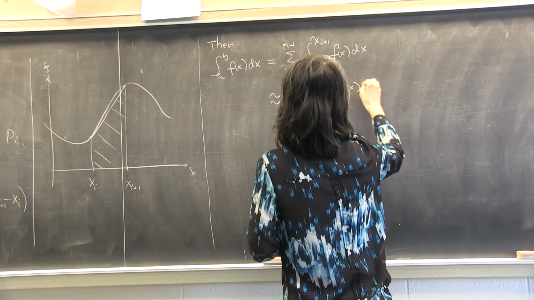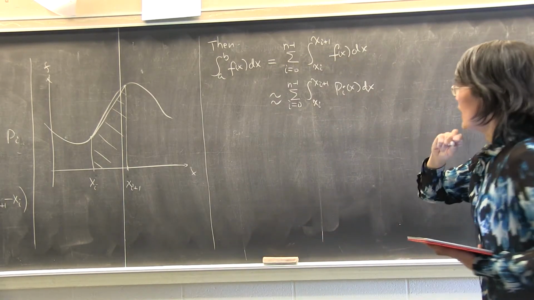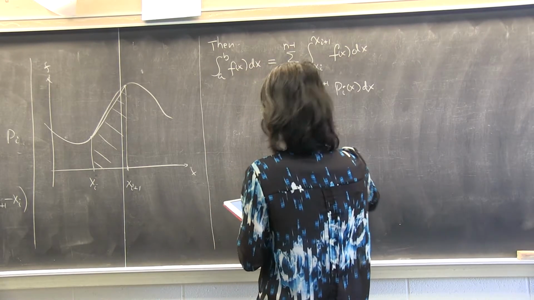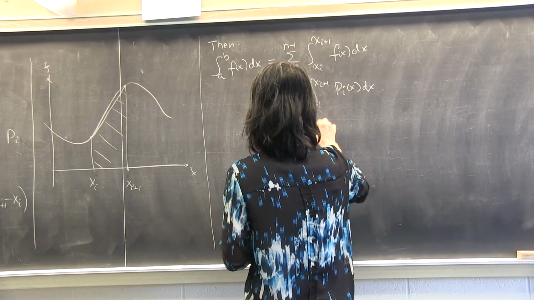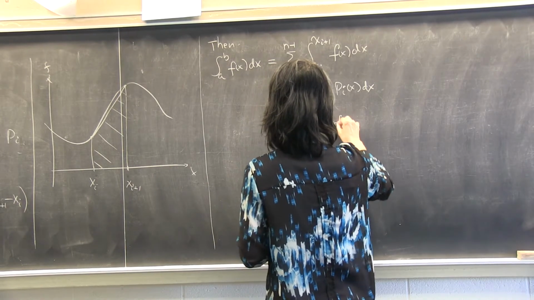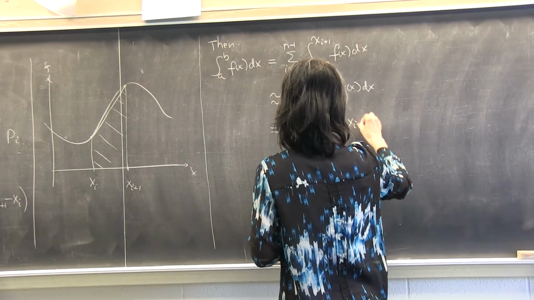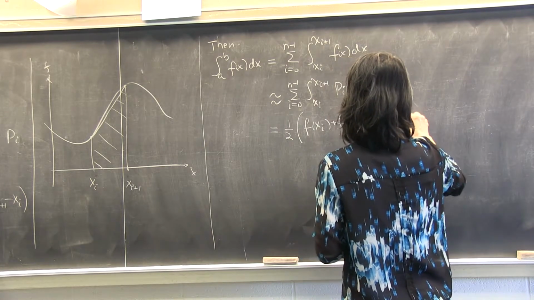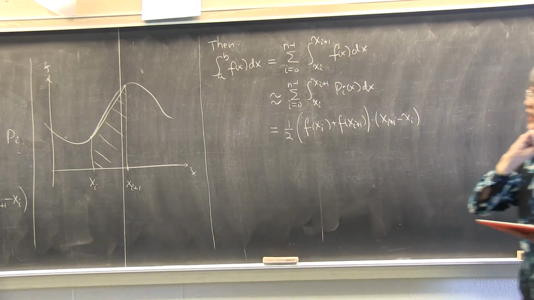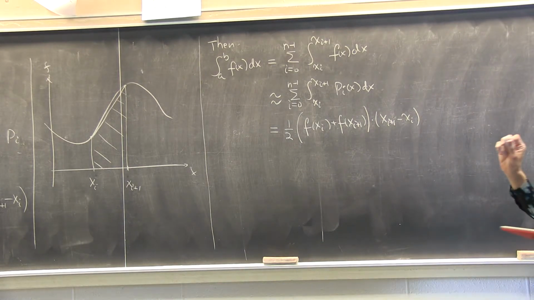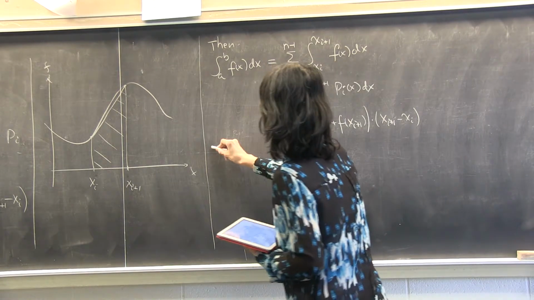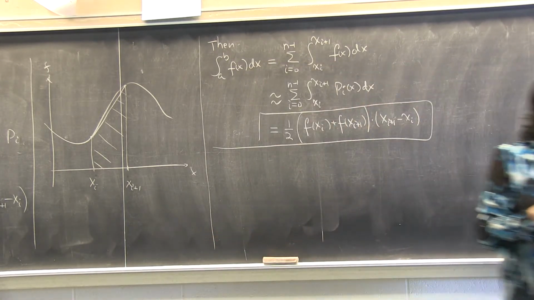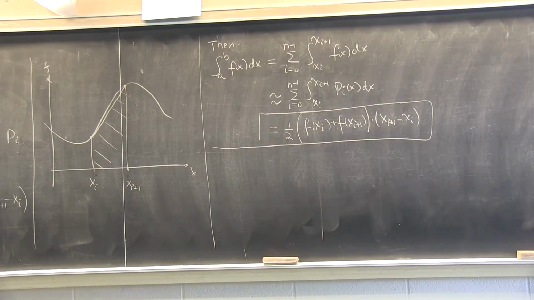Okay, I'm just being painful and writing it all out. So what does it give me? Well, this is a half of f(xi) plus f(xi plus 1) times xi plus 1 minus xi. Okay, so this is the general formula. Let me put a block around it. This is a general formula for any distribution of xi's.